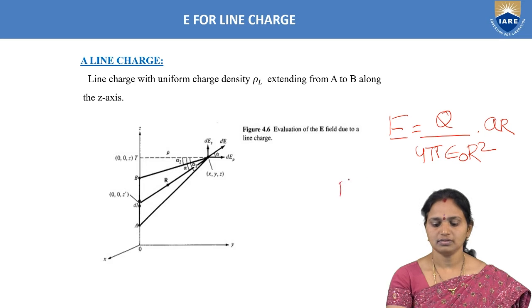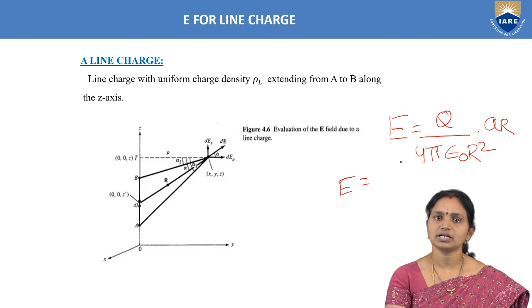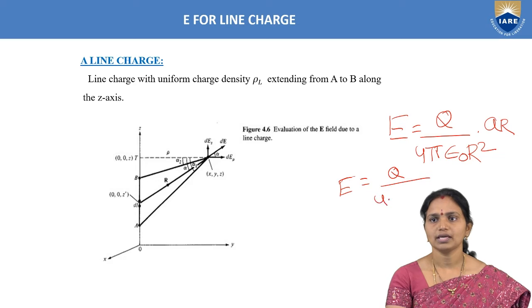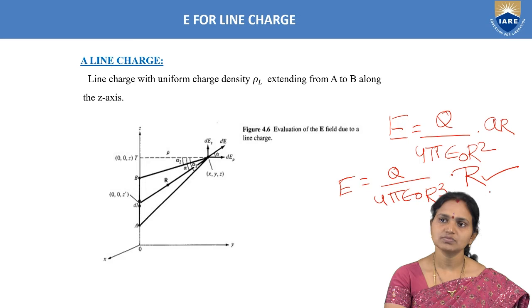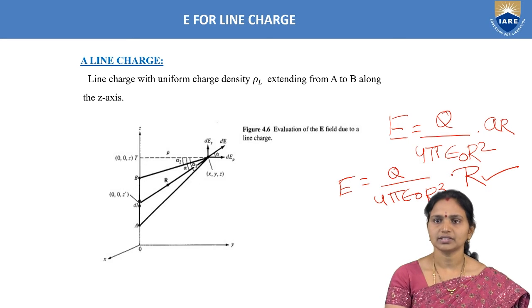In terms of displacement vector and magnitude, we can take E as Q by 4 pi epsilon naught R cube into R, where this R represents the displacement vector and this R represents the magnitude.